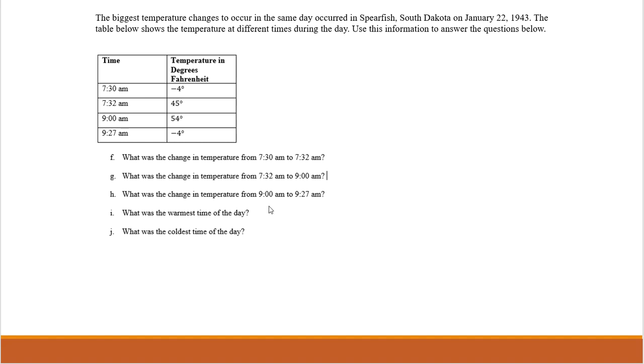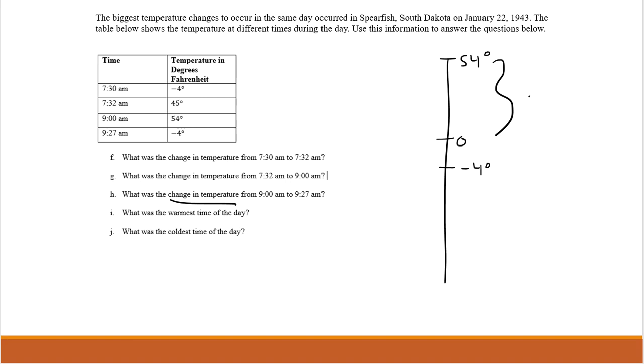Okay, let's look at the next one. So what is the change in temperature from 9 a.m. to 9:27? So let's hurry and do a thermometer here. So if this is 0, and at 9 a.m. the temperature was 54 degrees, and at 9:27 the temperature was -4 degrees, and we want to find the change in temperature. So from here to here, it dropped 54 degrees, right?